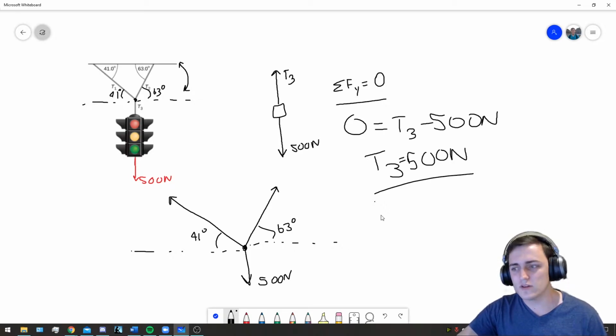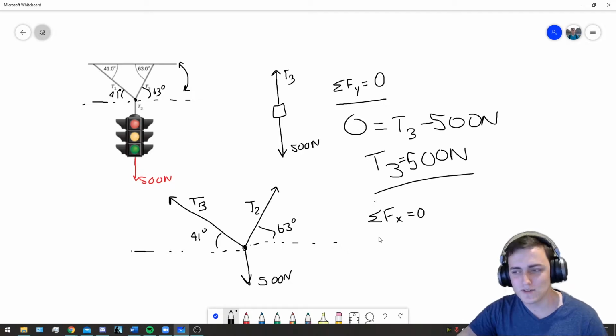And now we are going to take the net force in the x and y direction, and it's all equal to 0 because there is no motion. And so this is going to be T2, and this is T3. So the x direction: T2 can be our first force, and it points in the positive x direction.